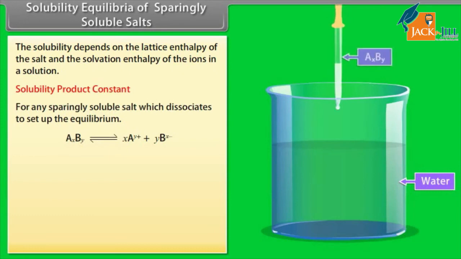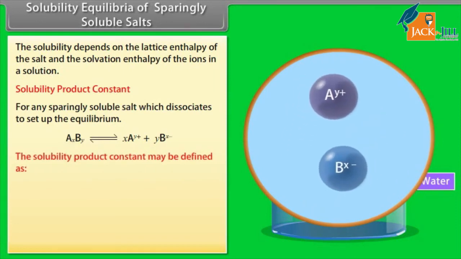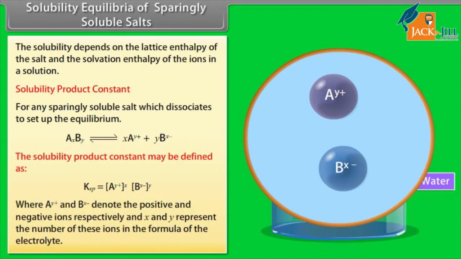For any sparingly soluble salt which dissociates to set up the equilibrium, the solubility product constant may be defined as Ksp = [A^y+]^x [B^x-]^y, where A^y+ and B^x- denote the positive and negative ions respectively, and x and y represent the number of these ions in the formula of the electrolyte.